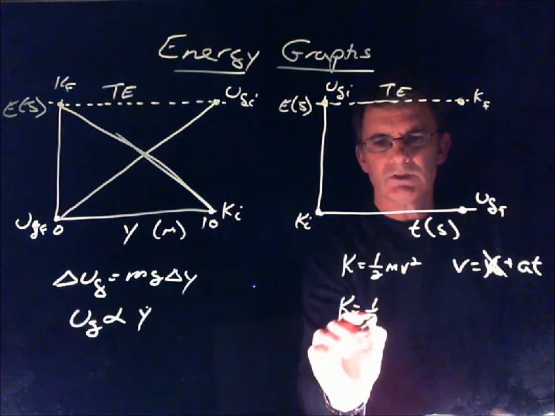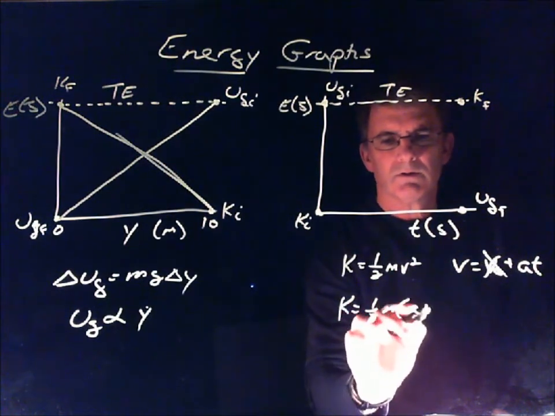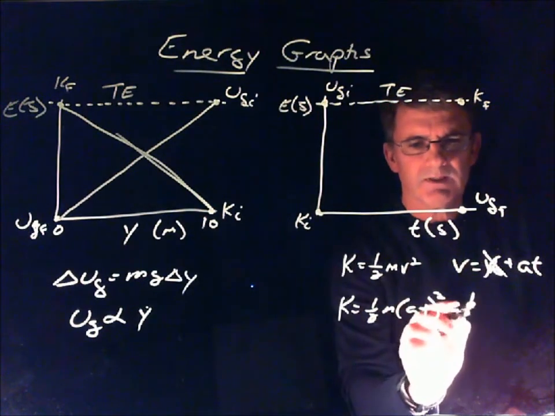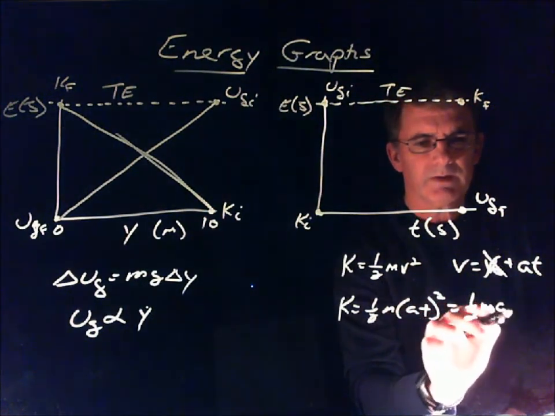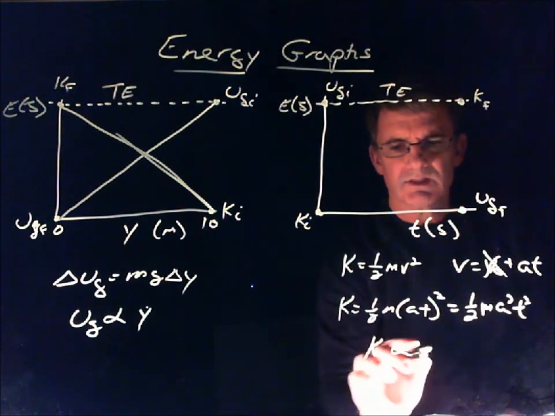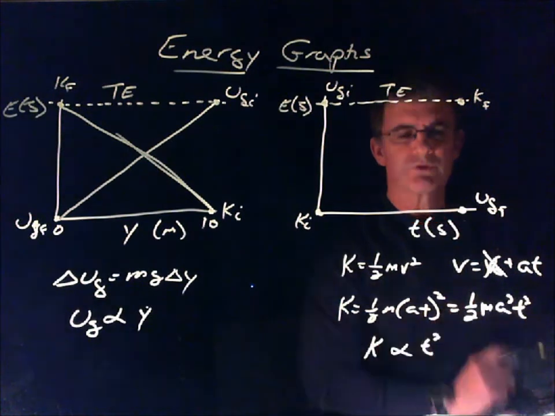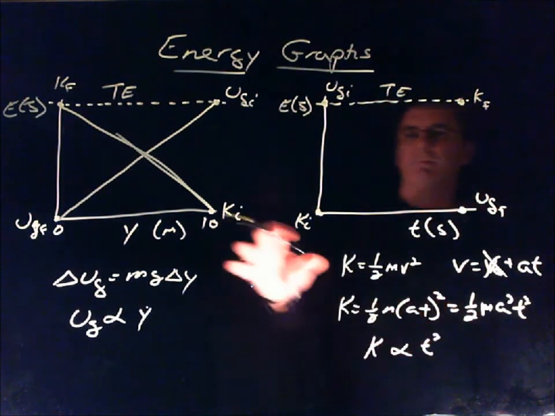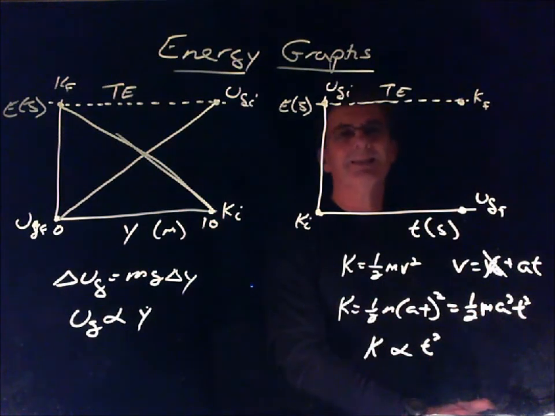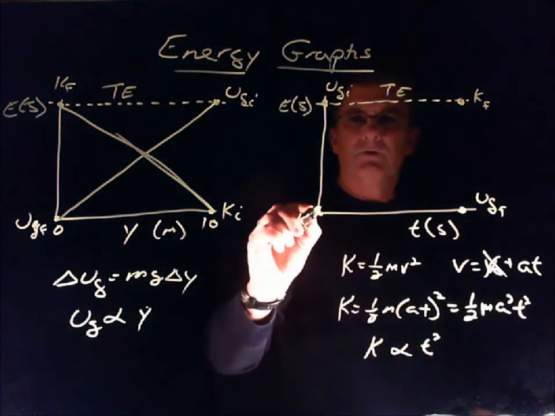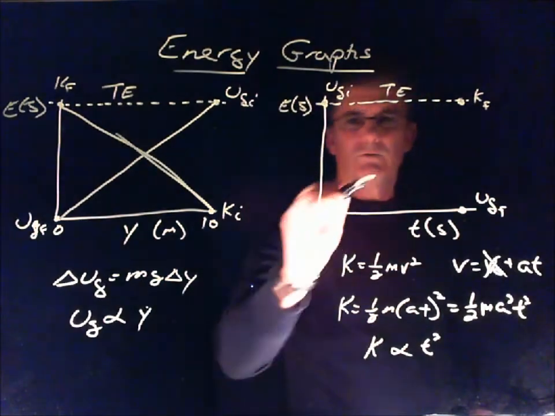In the kinetic energy expression, I plug in at for velocity, and what I end up with is 1/2 m a squared t squared. What this is telling me is that kinetic energy is proportional to time squared. So that's a much different relationship than a linear relationship. And so my kinetic energy function might look more quadratic.